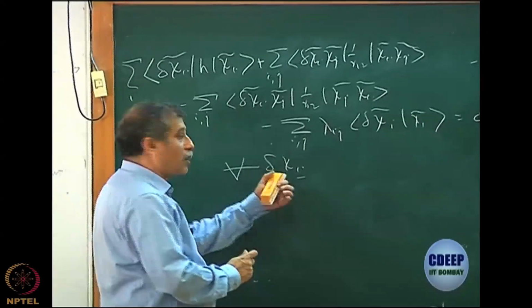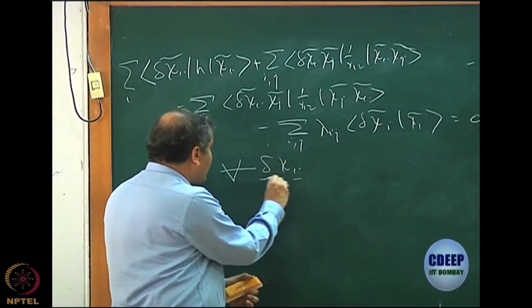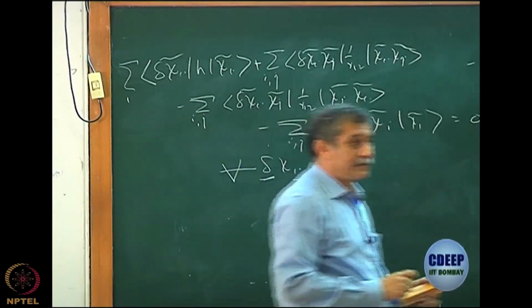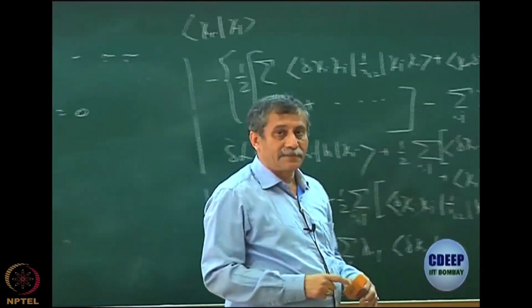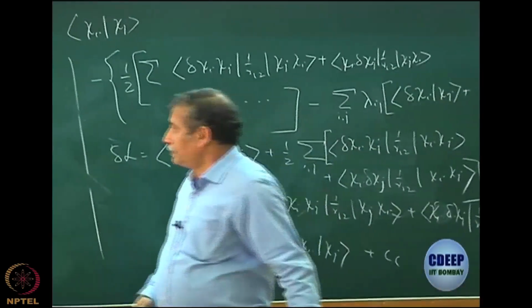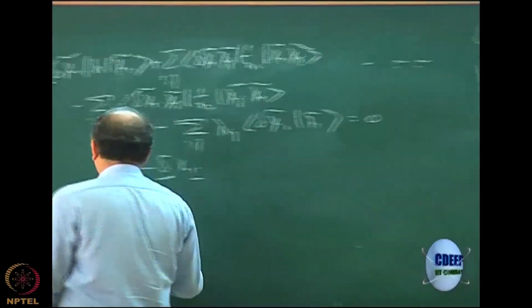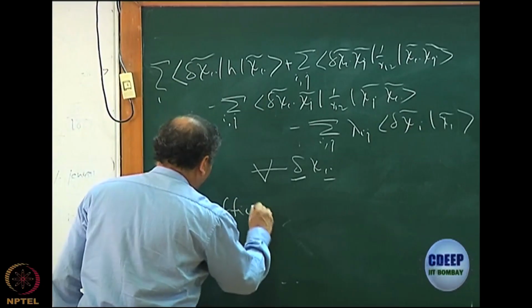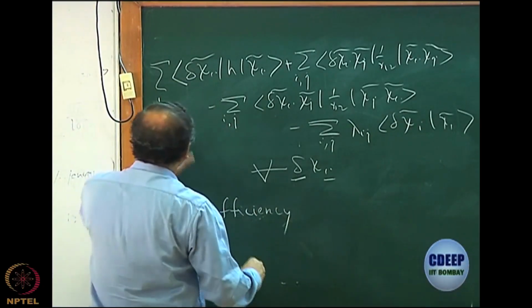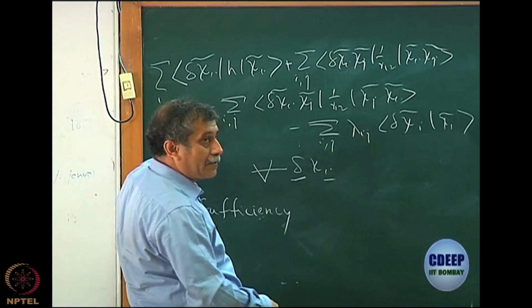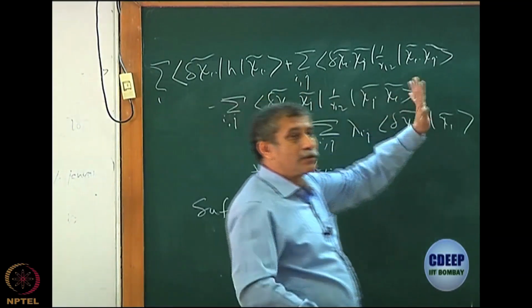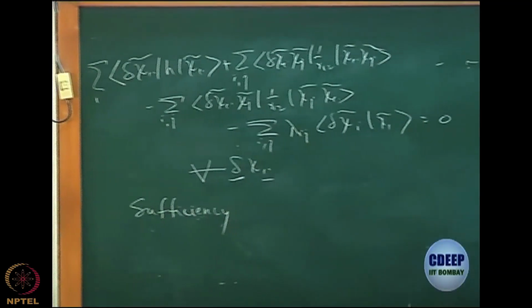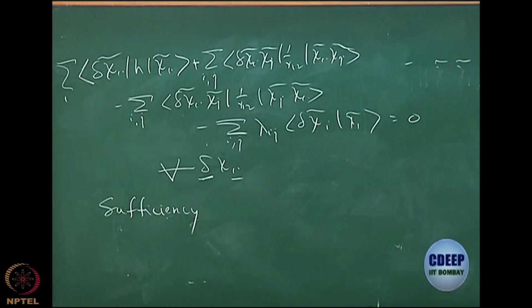And for all spin orbitals. So that is why I have underlined this delta and underlined this i. For all spin orbitals. Okay? Since it is for all spin orbitals, I make a sufficiency condition to say that within the summation over i, whatever exists, I can make it equal to 0. Then of course, if I sum over i, it is 0. Right?